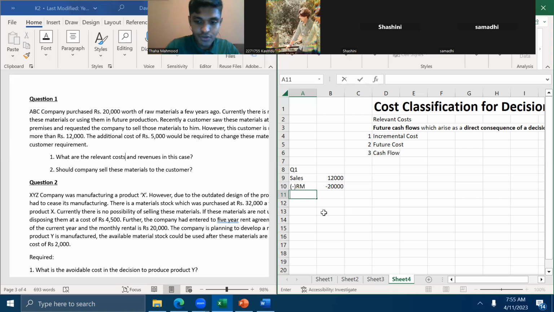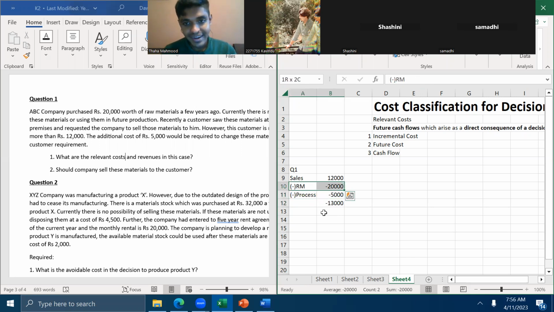Then we also have to incur another 5,000 to change, processing cost. Processing වලට 5,000 තව incur කරන්න ඕනේ. Now a person who has no knowledge of this relevant costing framework would say, oh, අපි cost incur කරලා තියෙනවා 25,000, now 12,000 තමයි ගෙවනවා කියන්නේ, let's not accept this order. But this is wrong. That's why relevant costing is very important.